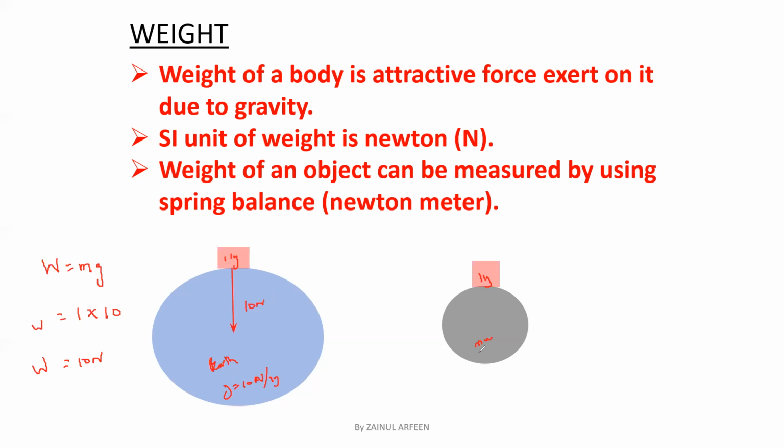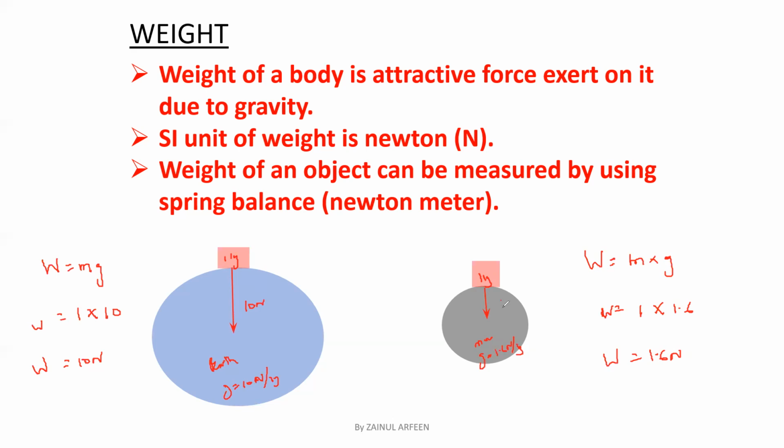You take the same object on Moon, the gravity of the Moon is 1.6 Newton per kilogram. So how to get the weight of this object? That is mass multiplied by gravity. So mass is 1 but the gravity is only 1.6. So you will get 1.6 Newton. So the weight of this object is only 1.6.